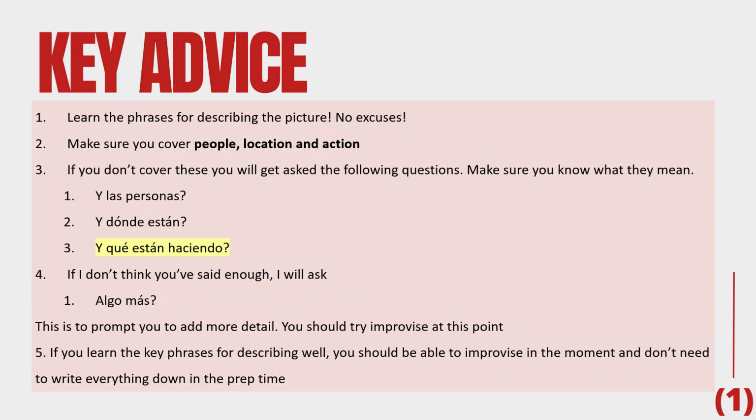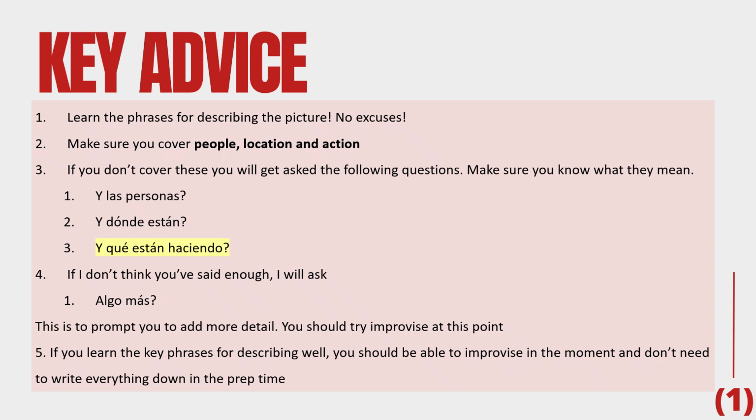Okay, finally, if your teacher doesn't think you've said enough for your picture description, they can ask you algo más, which means anything else. And you just need to then, in that moment, improvise and use what you have learned for your key phrases for describing the picture to add more detail. If you learn the key phrases for describing the picture well, you should actually just be able to improvise in the moment, and then you don't need to write everything down in the prep time.